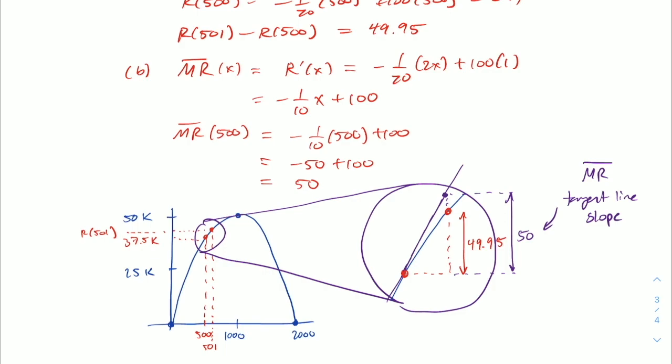All right, so let's look at another example. This one will involve marginal costs. Call this example 2.